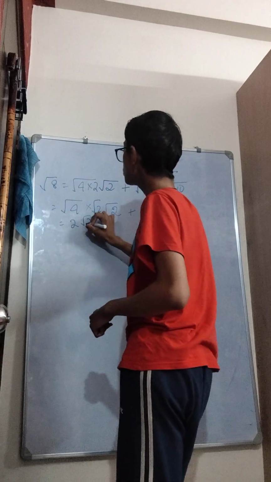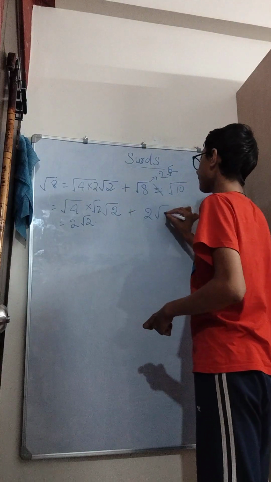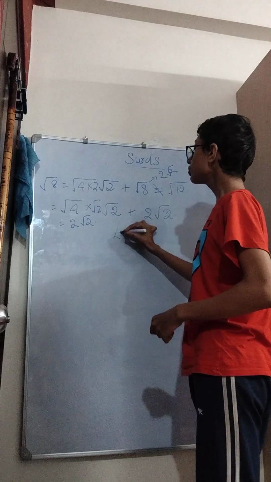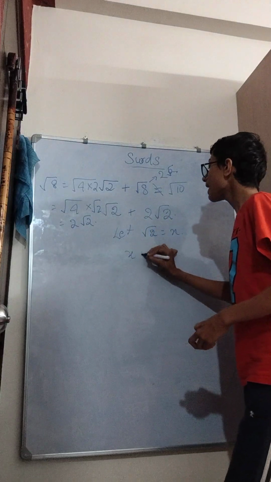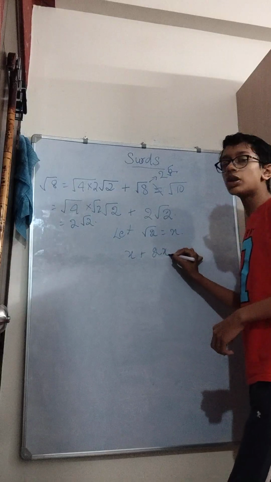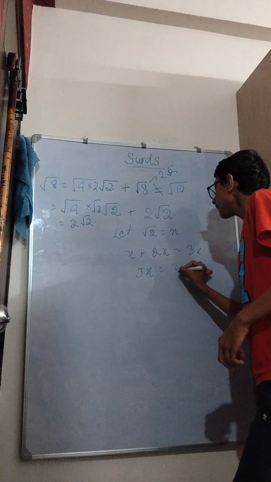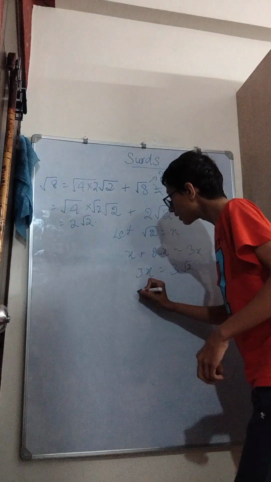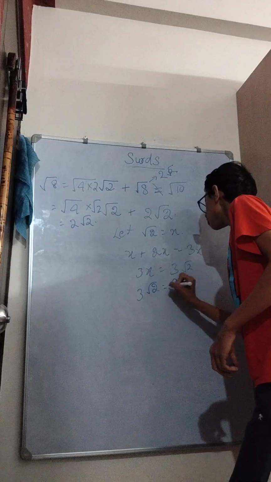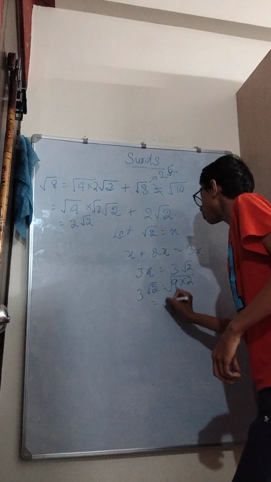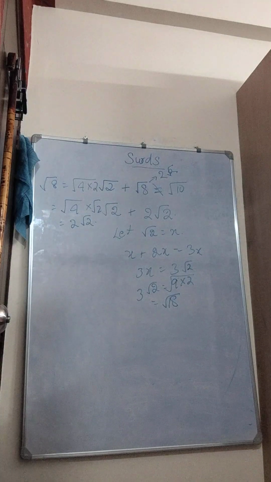So 2 root 2 will come here, and let root 2 be some value x. Then it becomes x plus 2x, which is 3x, which is 3 into root 2. And 3 into root 2 is root of 9 into 2, which is root 18. This is a very fun type of problem we can solve.